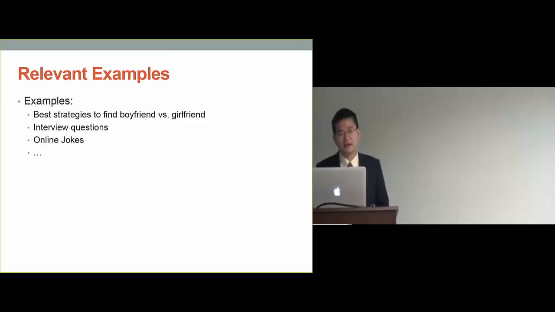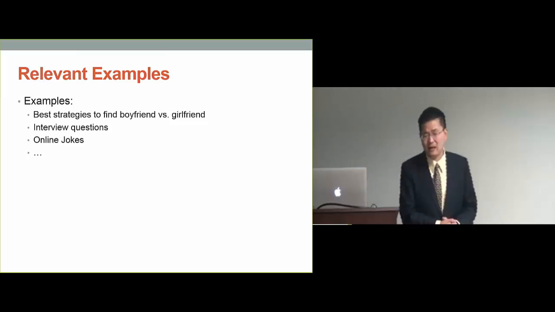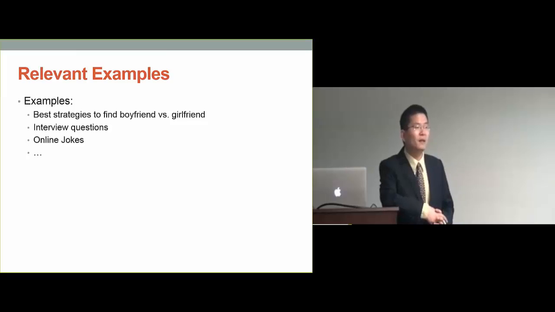The next one is relevant examples. I mentioned that in my class, lots of strategies are also very useful. They can even use them for solving real life problems. For example, my students are all a younger generation, in their 20s.